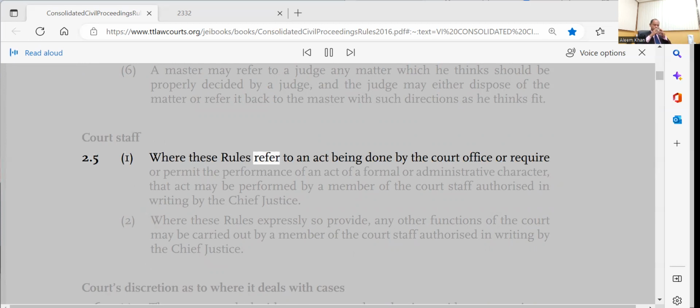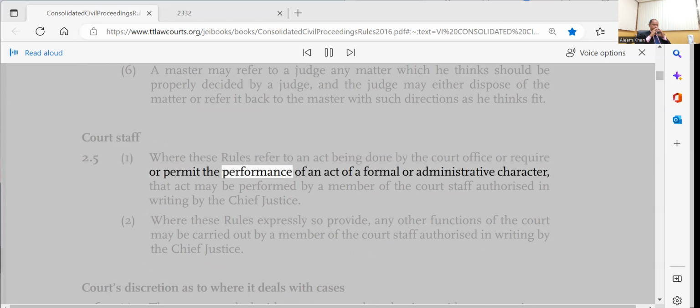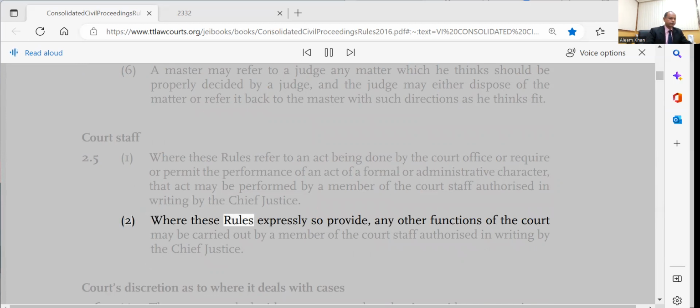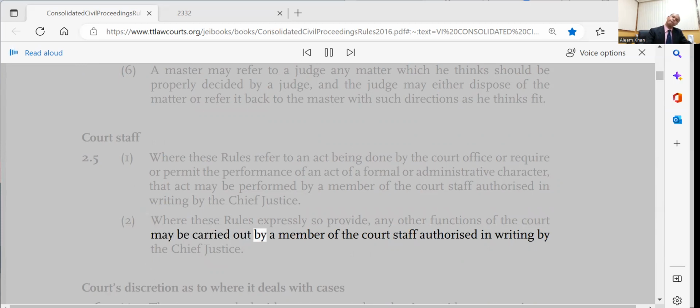Where these rules refer to an act being done by the court office or require or permit the performance of an act of a formal or administrative character, that act may be performed by a member of the court staff authorized in writing by the Chief Justice. 2. Where these rules expressly so provide, any other functions of the court may be carried out by a member of the court staff authorized in writing by the Chief Justice.